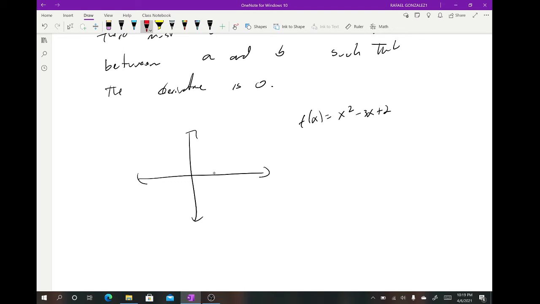So we had an intercept at 1 and we had an intercept at 2. Because this is a parabola and the ends are going off to infinity, we know that down here the parabola looks like this, which means that we will have a minimum value here.